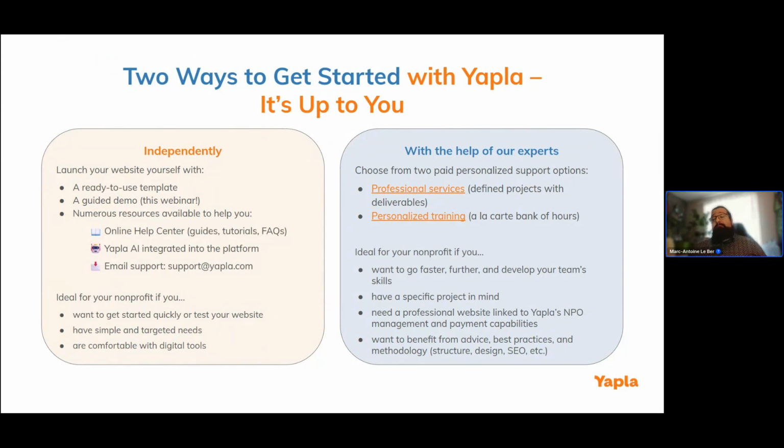Now, of course, I mentioned in the introduction, I'm the Director of Professional Services. What we do in professional services is create full websites for our users. We do custom branded websites. We do websites based on templates. We do subdomains. We do anything that you need to get up and ready, a turnkey project that is ready to go.